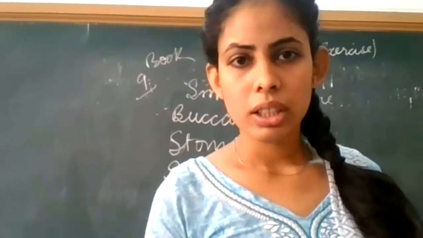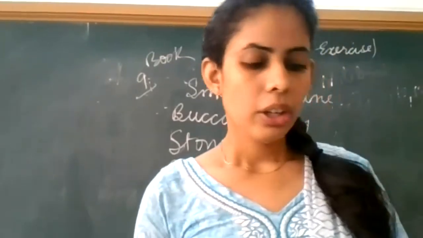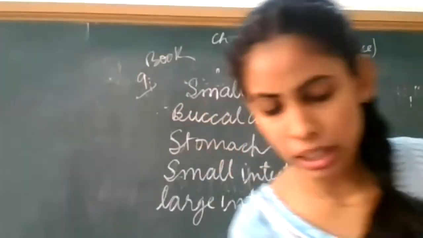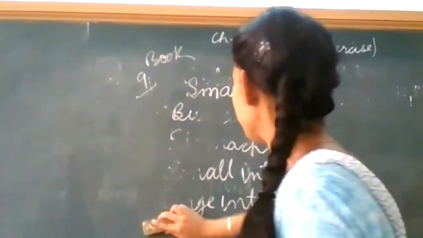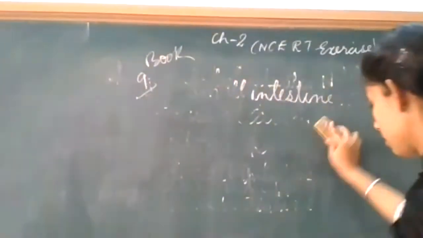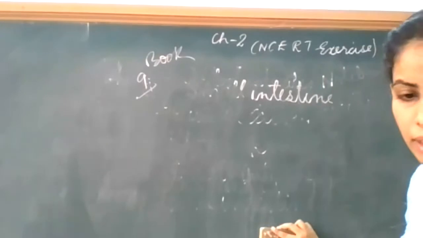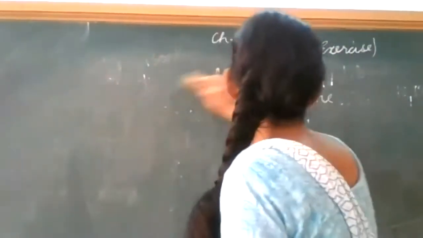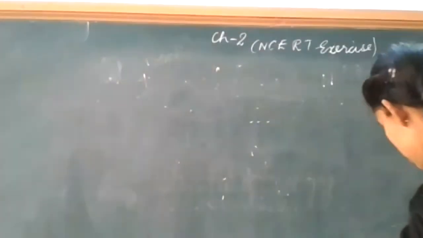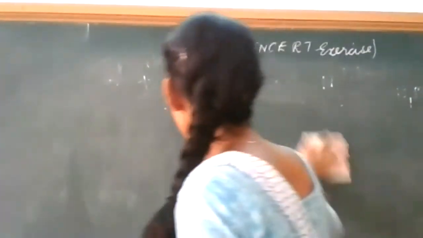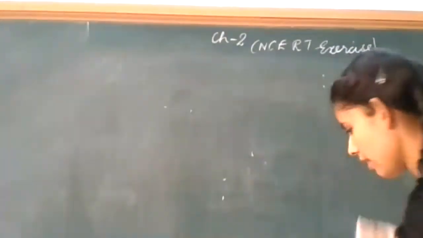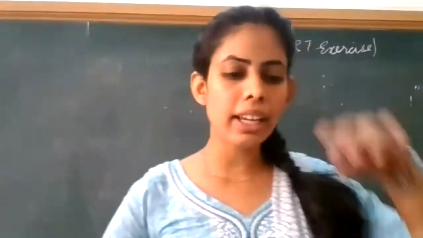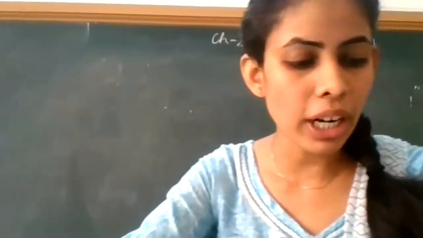Okay. Yes, Shubhra. You can read the question number 10. Write one similarity and one difference between the nutrition in amoeba and human beings. So you have to write one similarity and one difference.